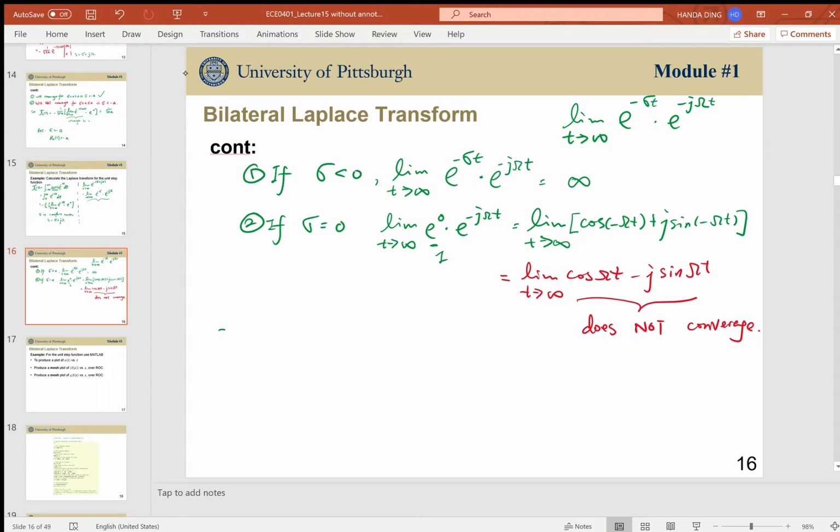The only lucky candidate for this question is if sigma is bigger than 0. You will see that in the next few pages with the MATLAB, so you can see why that happens for sigma bigger than 0. That converges, all right? And that is 0, right?